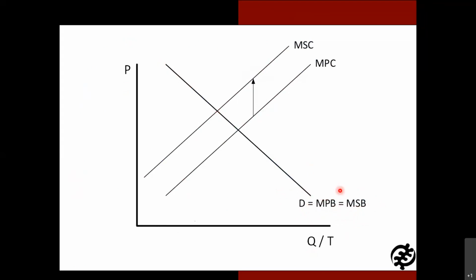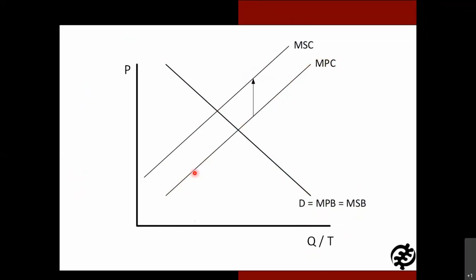There's another type of externality, but that's not present here. This line is what you call MPC. This would be the normal supply curve. However, it's just the marginal private costs. Marginal private costs are the costs the firm sees.